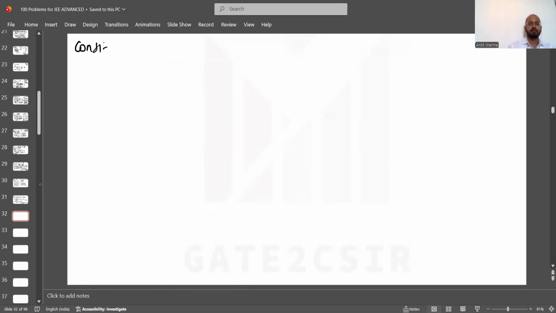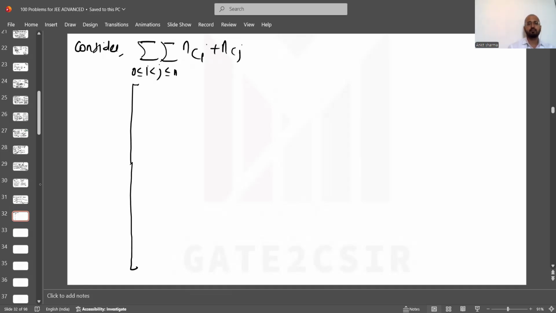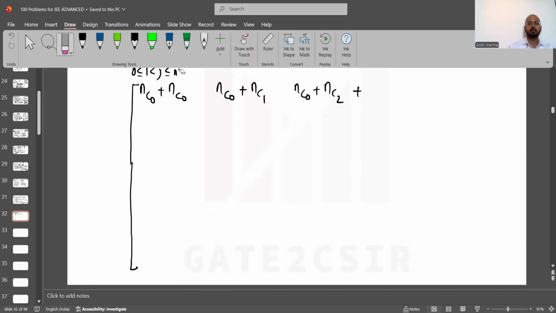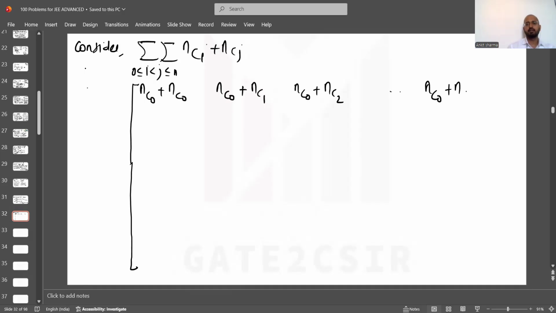So now consider the double sum of nCi + nCj, where 0 <= i < j <= n. I'll just write a matrix: nC0 + nC0, nC0 + nC1, nC0 + nC2, and this will go on up to nC0 + nCn, and then nC1 + nC0, nC1 + nC1, up to nC1 + nCn. This would be nC2 + nC0, nC2 + nC1, nC2 + nC2, and so on up to nC2 + nCn. This list would go on up to nCn + nC0, nCn + nC1, nCn + nC2, and so on up to nCn + nCn.